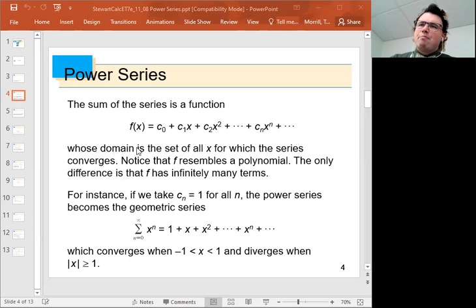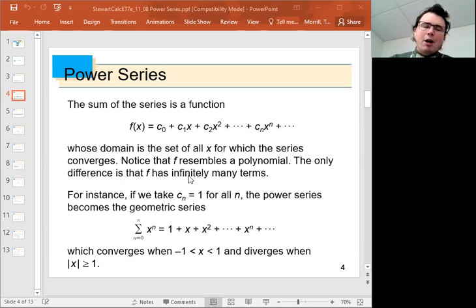So I could build a function. All I need to define a function is just a rule for inputs and outputs, where f of x is just going to be the value of this series, so long as the series converges when I use that particular value of x in my formula. So we've actually already seen something like this when I discussed the rule for working with geometric series.